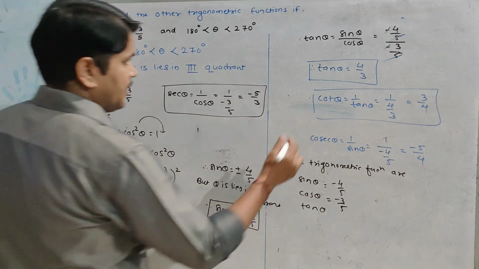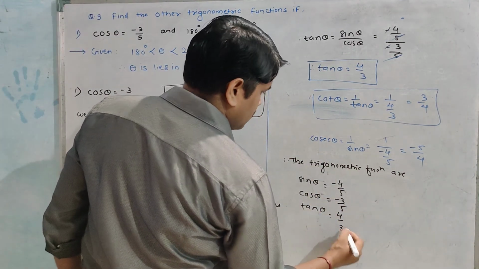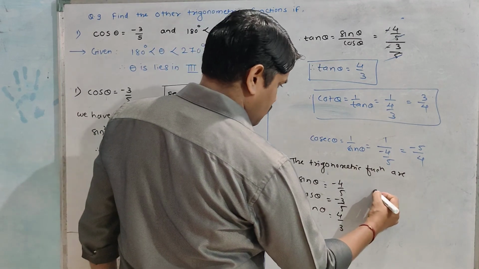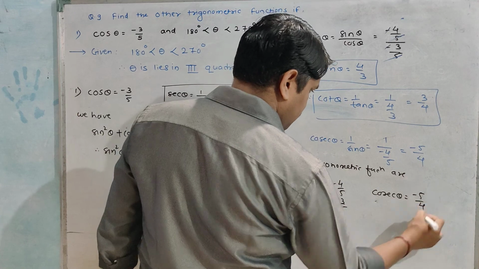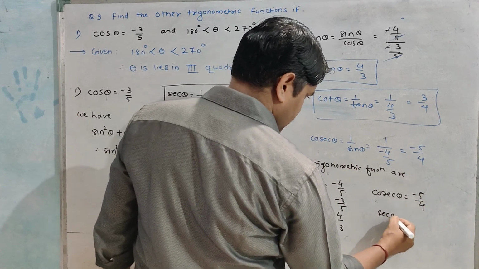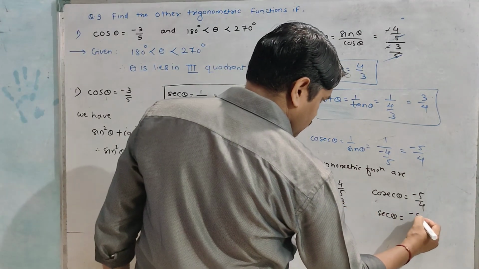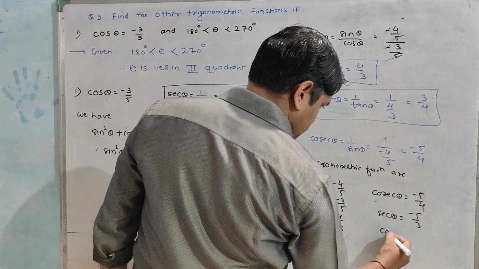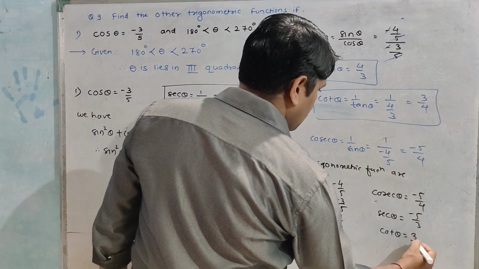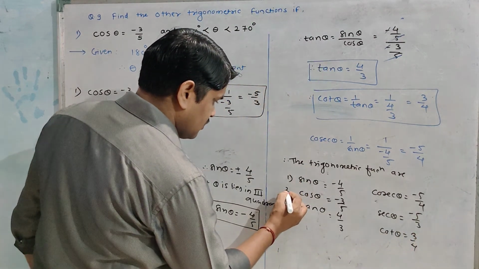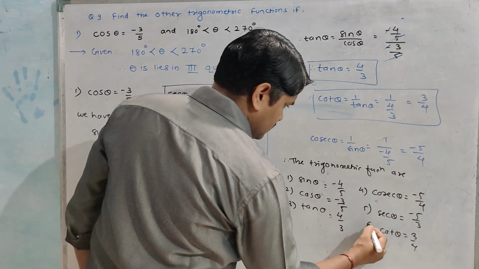And then tan theta is 4 upon 3. Then आपल्याकडे होतं cosec theta. Cosec theta is minus 5 upon 4. Then sec theta. Sec theta is how much? Sec theta is minus 5 upon 3. And last one is cot theta, which is 3 upon 4. This is our first, second, third, fourth, fifth, and sixth.